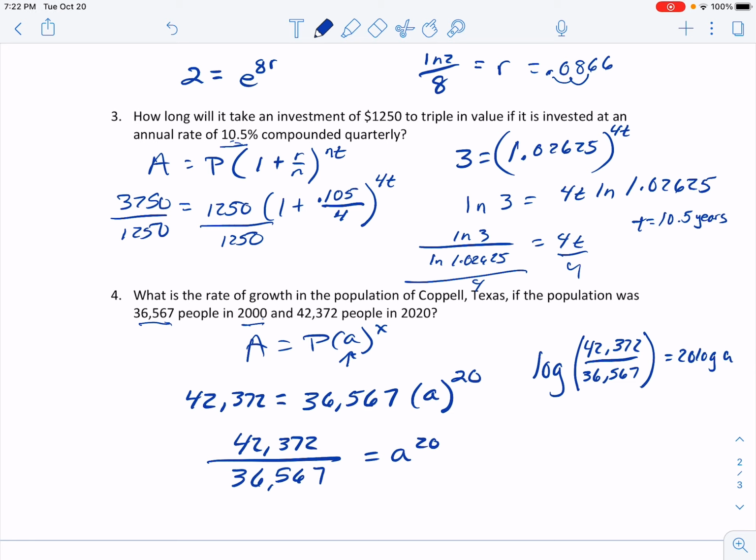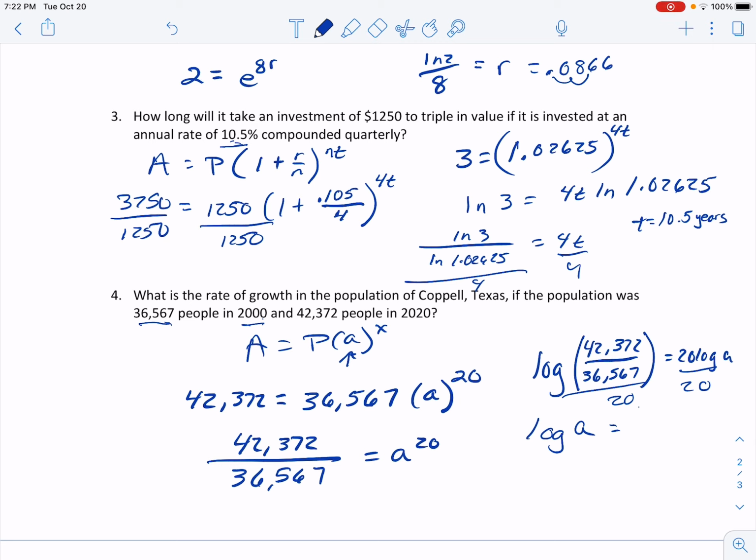So now I'm going to divide by 20, and I end up with the log of a equals this divided by 20. So let's do the numbers. Okay.